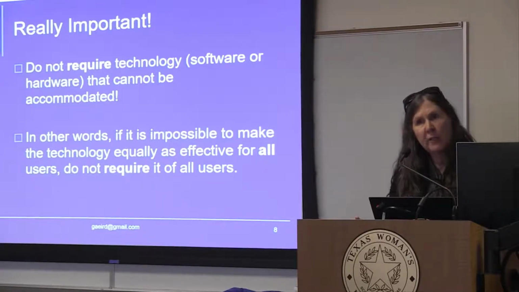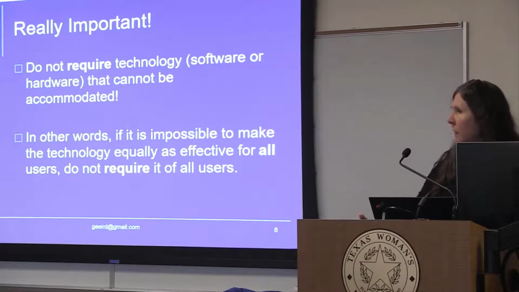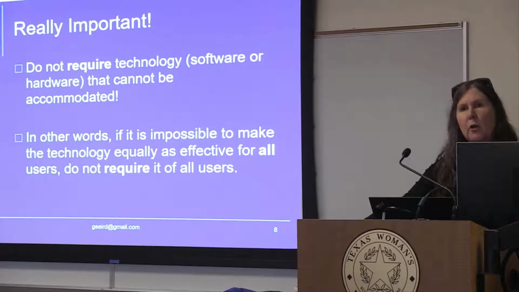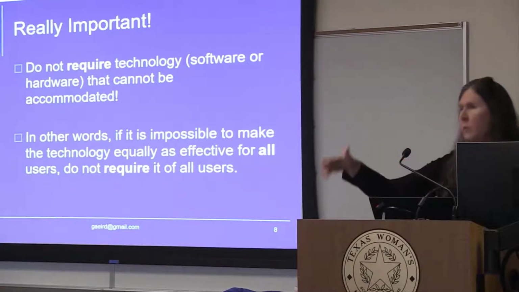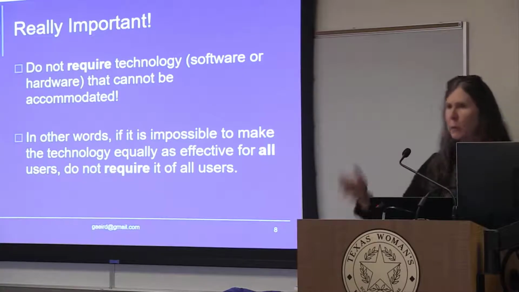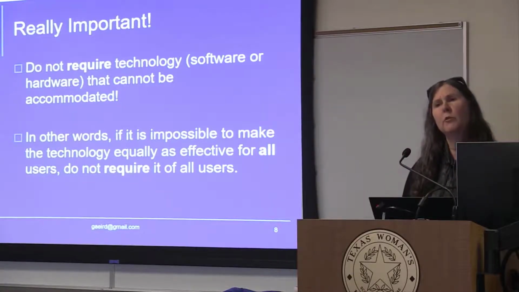Not everyone has to take them. Now, obviously, if you're a graphics art major, you will have to take those. And if you have somebody who is taking graphic arts, who has a disability where they cannot use a mouse, that's where Disability Services will get involved. They will work with you as an instructor. They will try to find an equally effective accommodation for working with those programs.